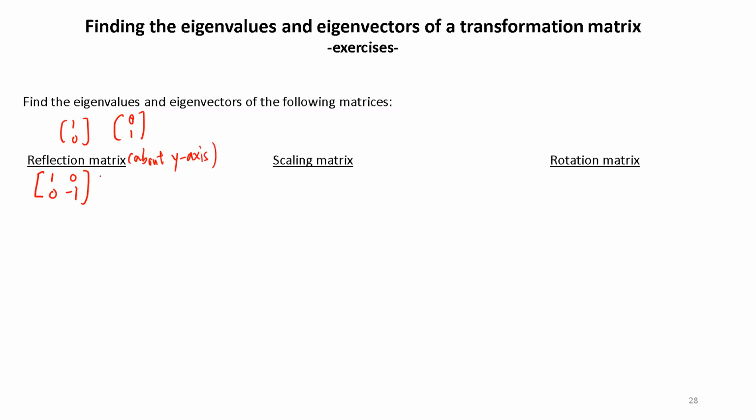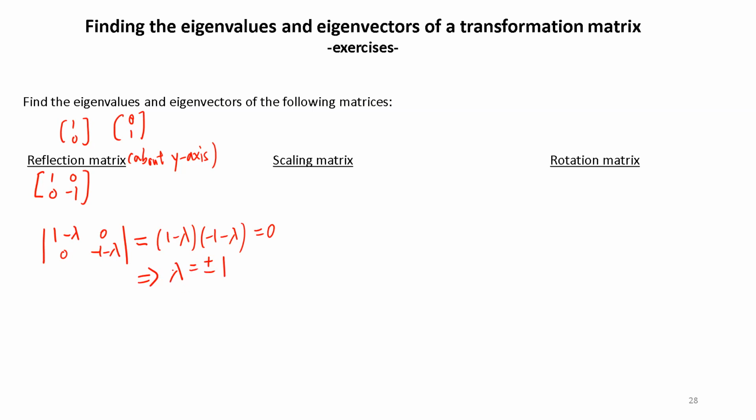I'm looking for the eigenvalues and eigenvectors of this matrix. So I need to do this determinant. If I expand it, it's just 1 minus lambda times minus 1 minus lambda has to be equal to 0. That means lambda is either plus or minus 1.